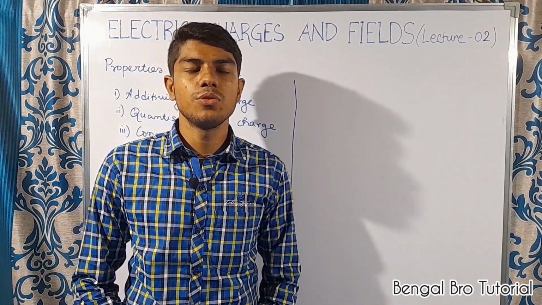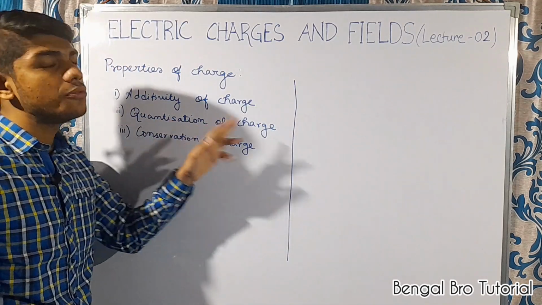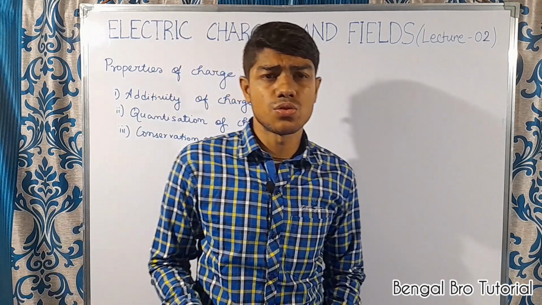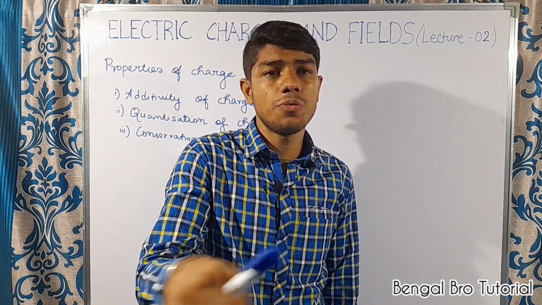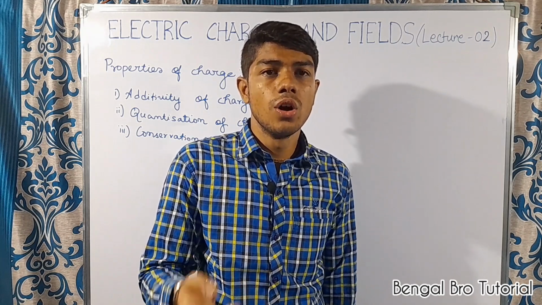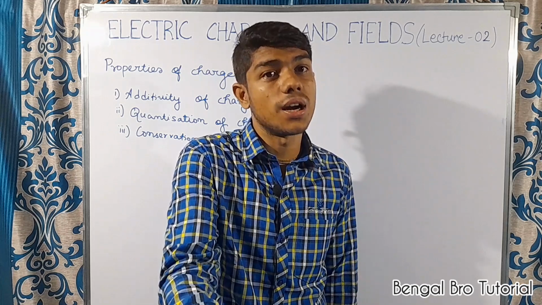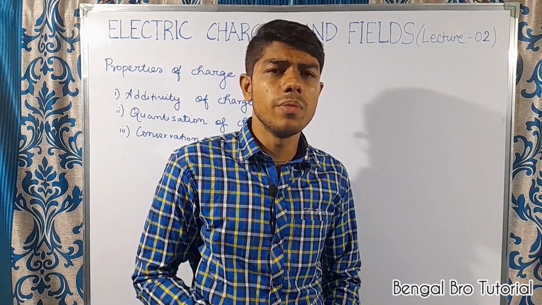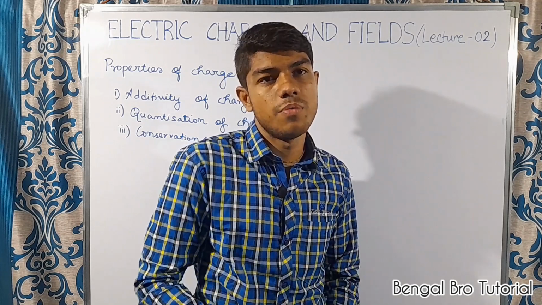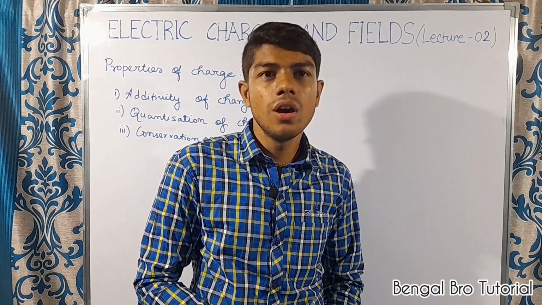Now let us look into the second property of charge, which is quantization of charge. See, in a classroom there are different rows of benches. I can instruct any student to sit in the first bench, or second bench, or third bench. But do you think it will be meaningful if I tell a student to sit in 1.5 bench or 2.3 bench? It will not be meaningful, right?